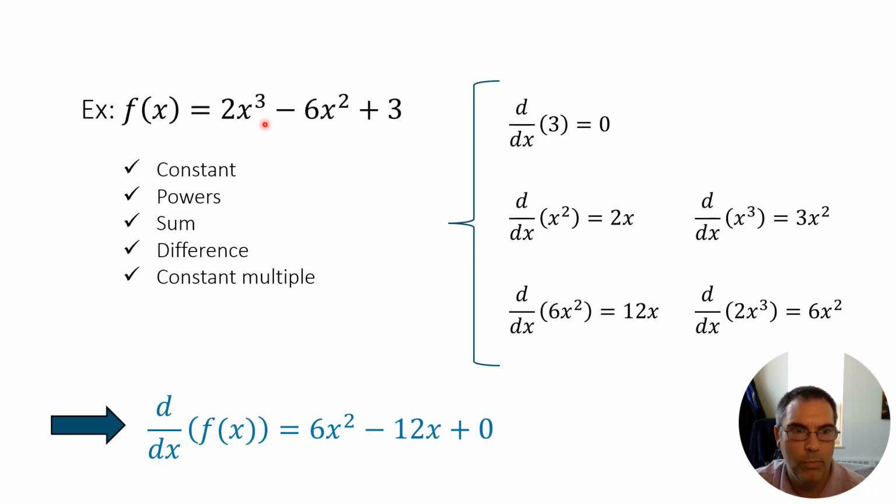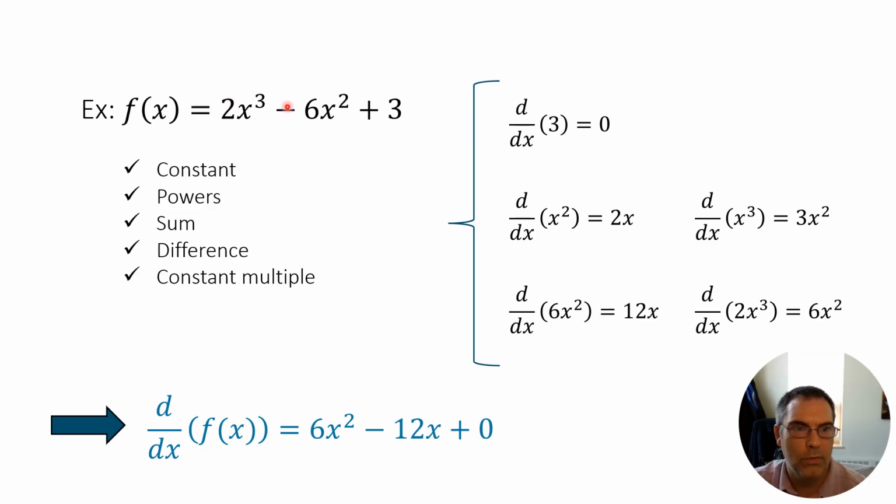I just need to put them together using the sum and difference rules. So 2x cubed becomes 6x squared, minus 6x squared becomes 12x, and then plus 3 becomes 0 when you do the derivative operation through.